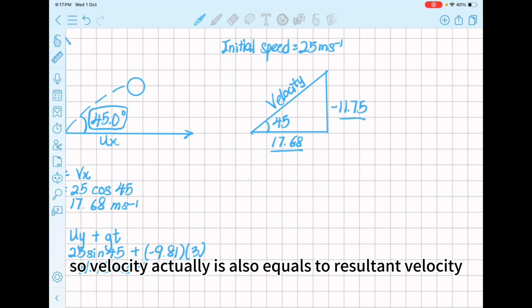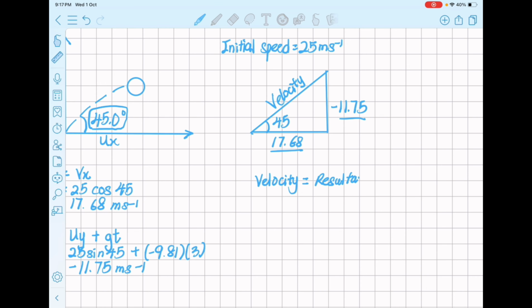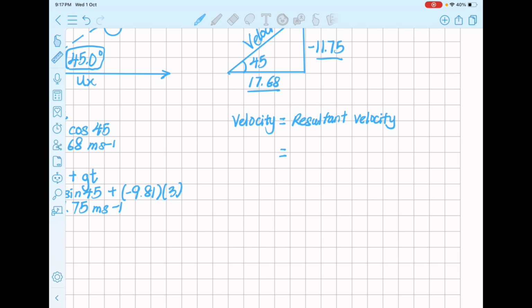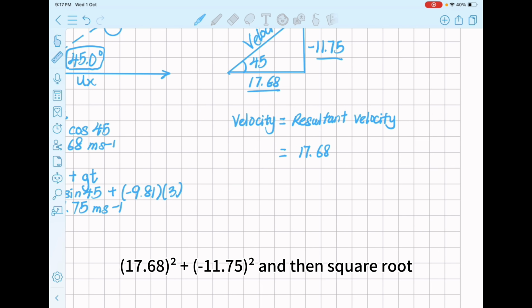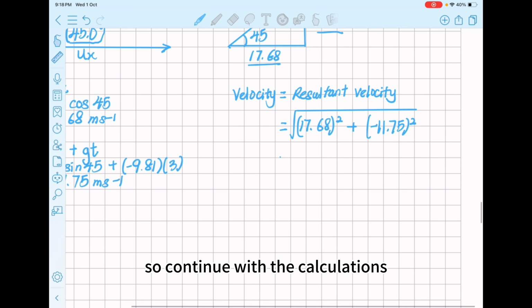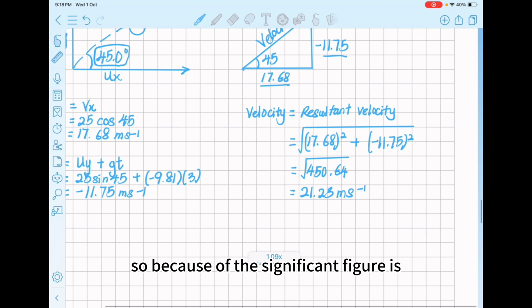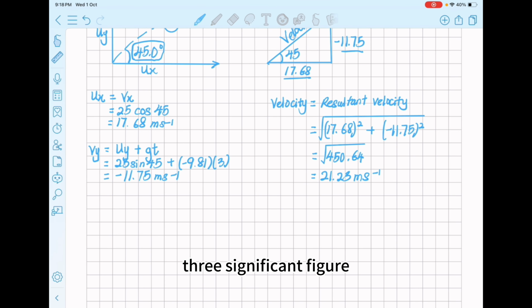That gives the square root of 17.68 squared plus negative 11.75 squared. Continuing the calculation, the square root of 450.64 is equal to 21.23 meters per second. Because of 3 significant figures, we round to 21.2 meters per second.